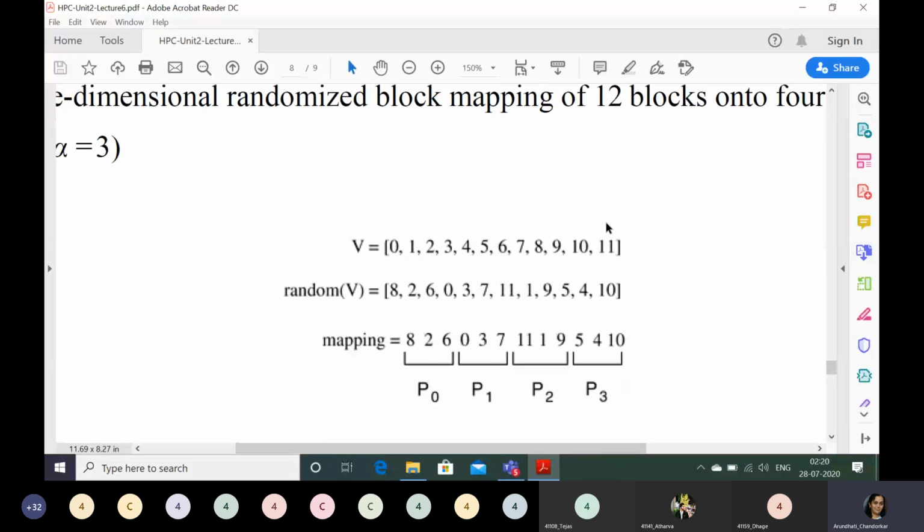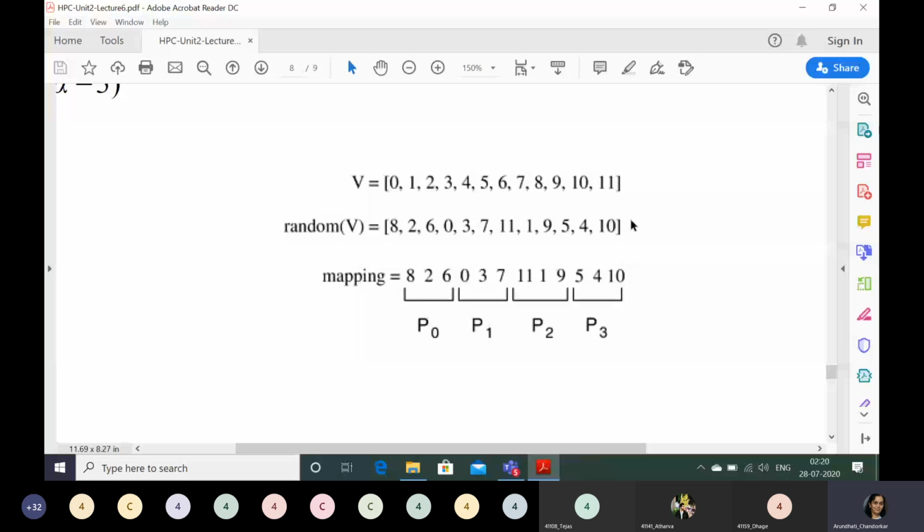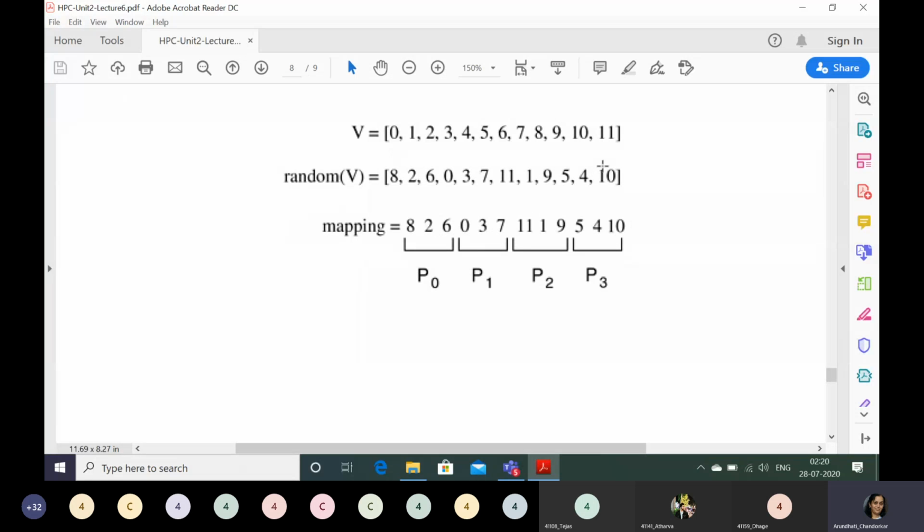So the size of the vector: only one vector we will need here because we are with one-dimensional randomized. So what to do with this vector? The vector elements 0, 1, 2 we are taking serially. The length of the vector, I will repeat, is alpha into p. Alpha I am assuming 3, p is 4, so 12. And what to do with that vector is apply a random permutation to it, randomize this single-dimensional vector, and you get the randomized output vector.